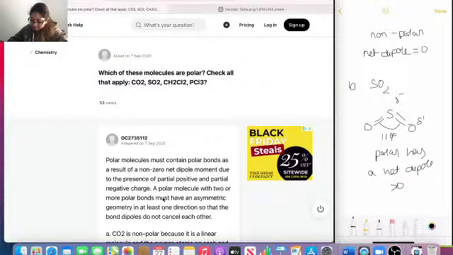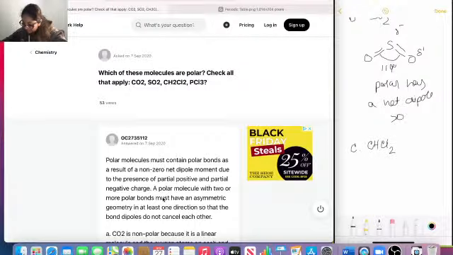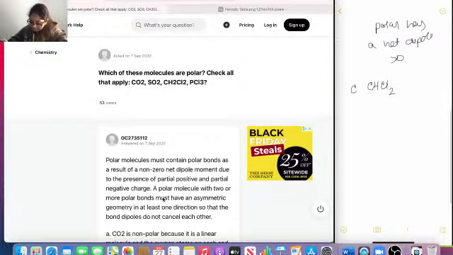Okay, so now for the next one, we have CH2Cl2. Let's draw this structure. So we have C, this is going to be tetrahedral.